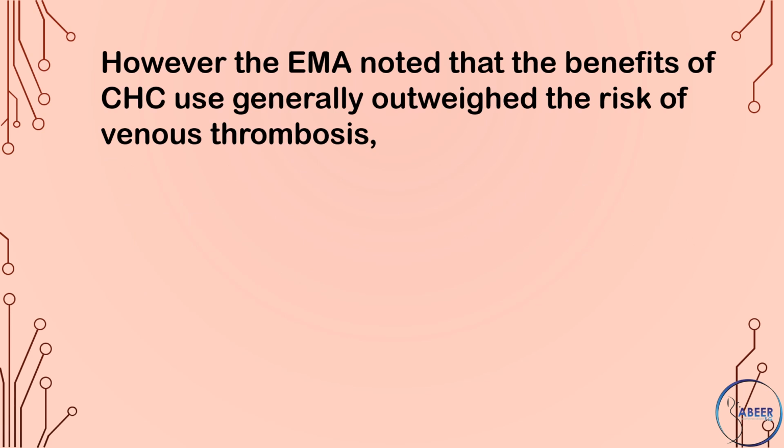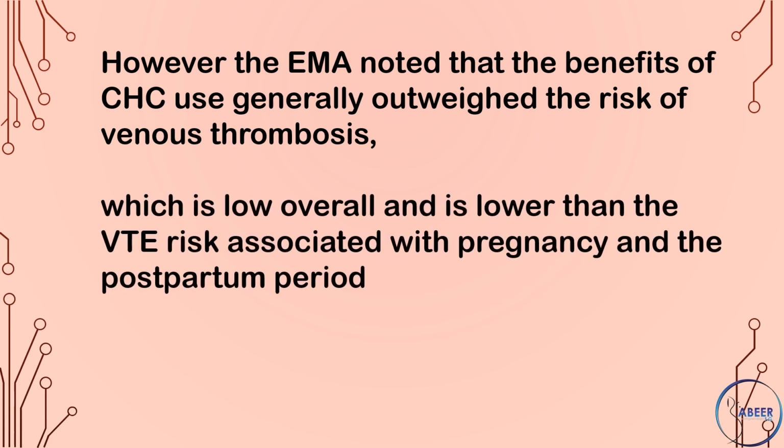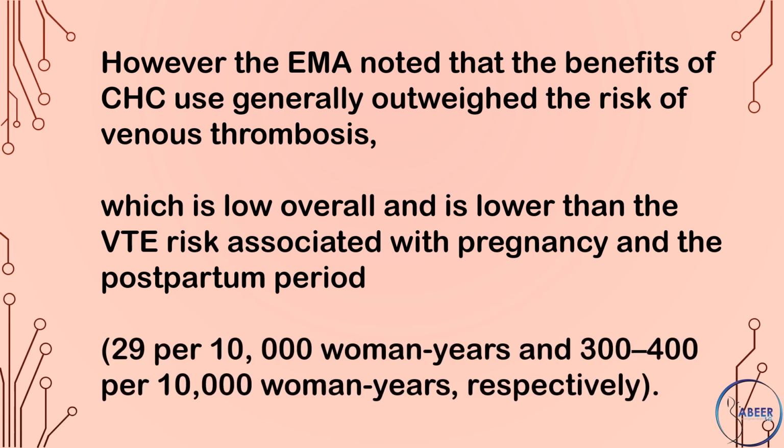However, the EMA noted that the benefits of CHC use generally outweigh the risk of venous thrombosis, which is low overall and is lower than the VTE risk associated with pregnancy and the postpartum period, 29 per 10,000 women years and 300 to 400 per 10,000 women years respectively.